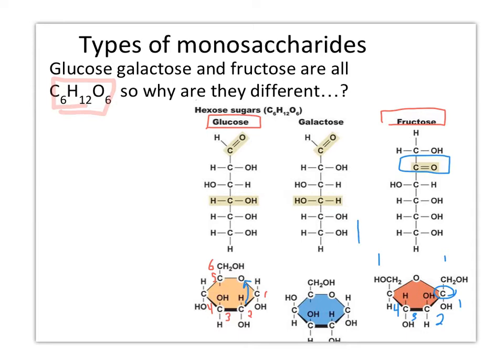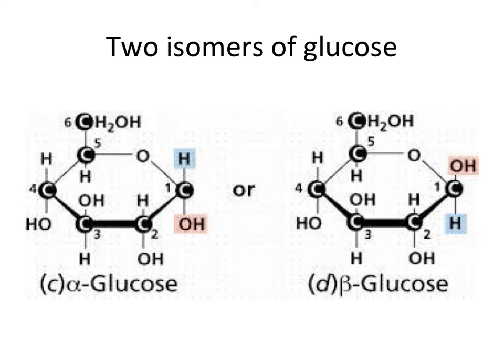So that's what these look like in straight chain form and in their ring form. And I want you simply just to focus on the glucose and fructose. All right. And then we did this in class, remember?